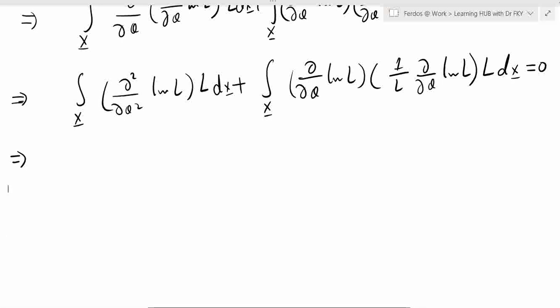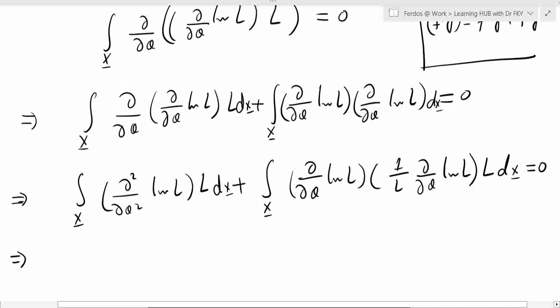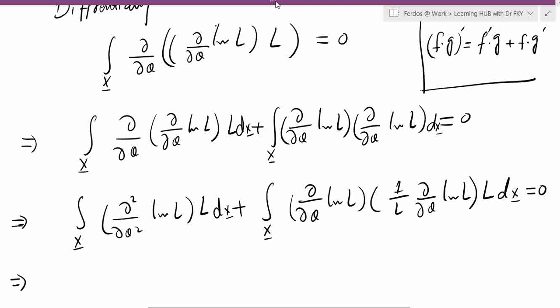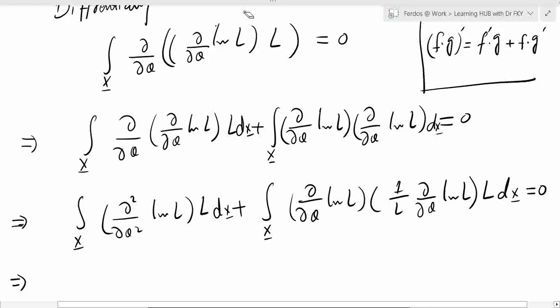I just want to check one thing. One thing you need to remember, this was not log L. This is important. This second term is not with log L. I mistakenly mentioned this, so I need to remove it.